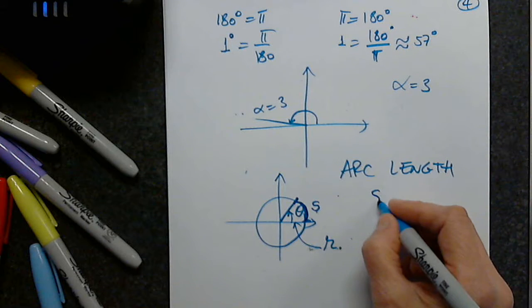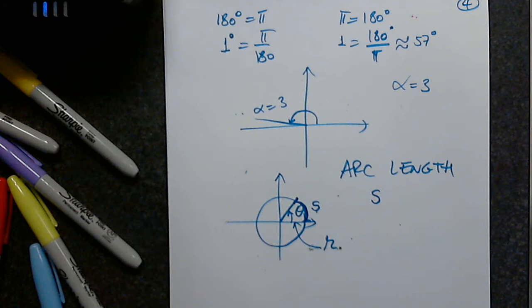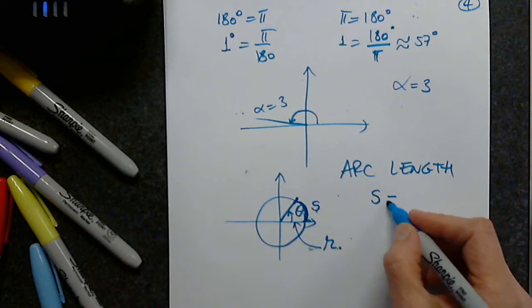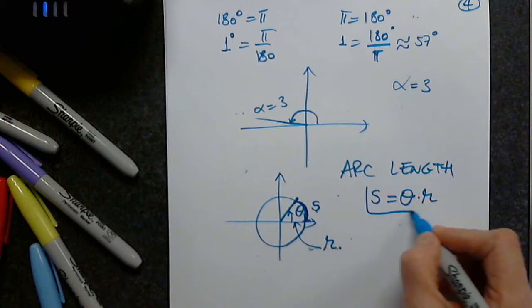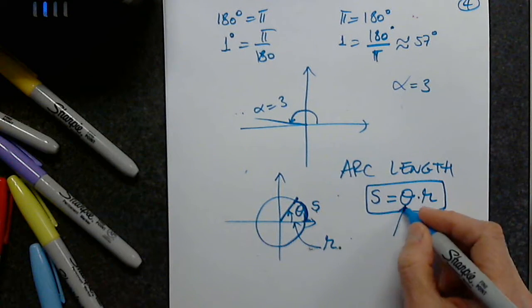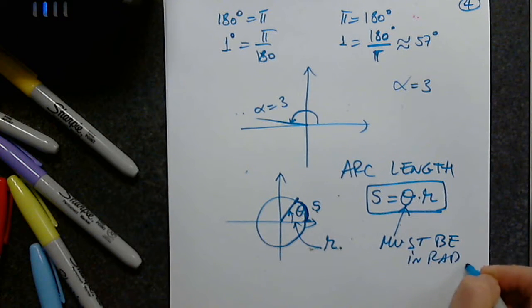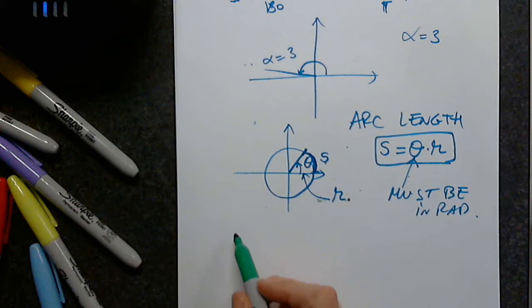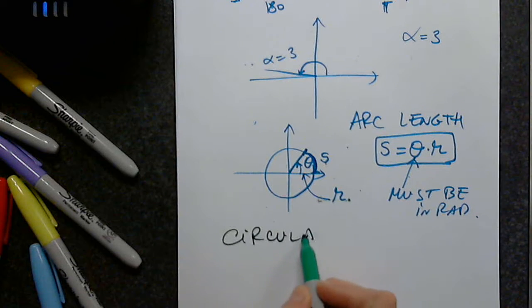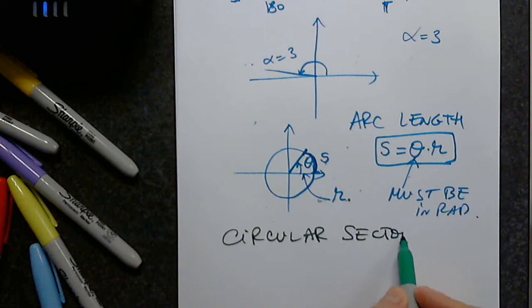So the arc length is denoted by lowercase s. And the formula is theta multiplied by r. Theta must be in radians. We'll have examples in a minute.